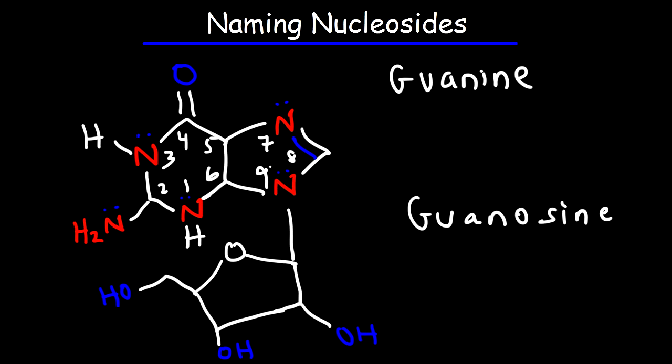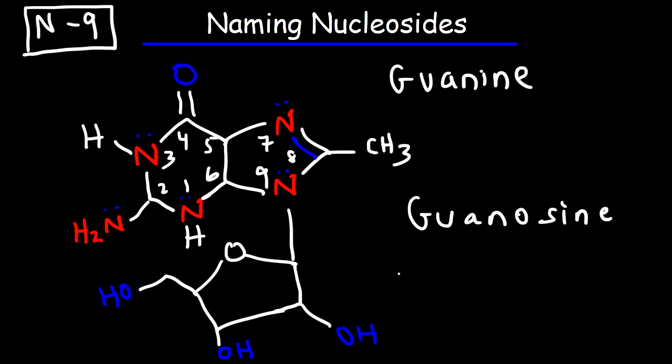So as we can see, the purine is attached to the ribose at the 9th position on the nitrogen atom. Now, what happens to the name if we put, let's say, a methyl group on carbon 8? How do we name this particular nucleoside? Well, this becomes 8-methylguanosine.